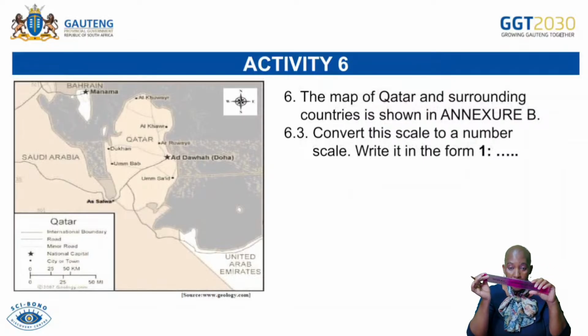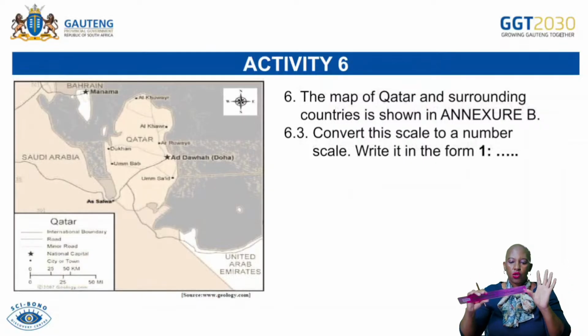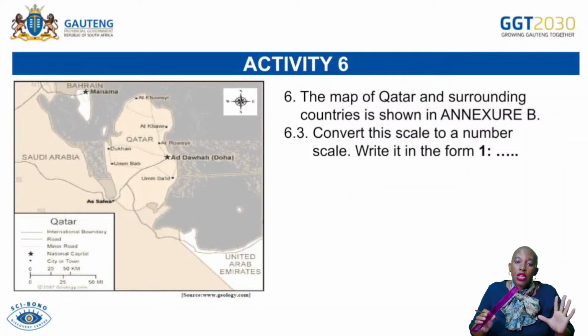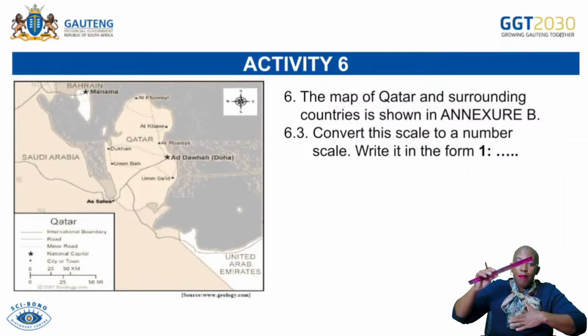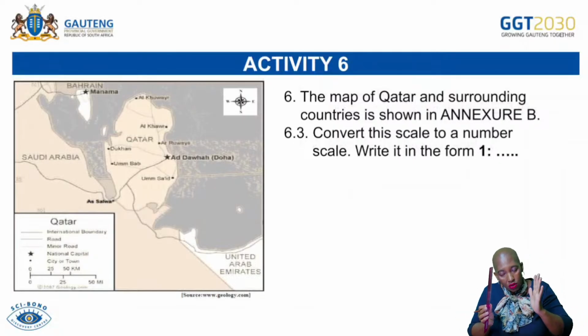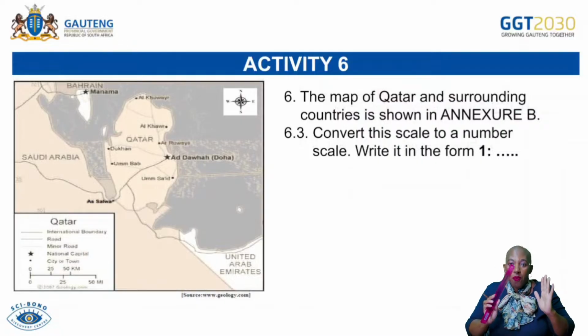You take your ruler, but here I'm just going to demonstrate, and I hope you'll see it. It won't be clear, but in real, when you get the question, it will be clear. It will be a bigger map, maybe on an A4 page.